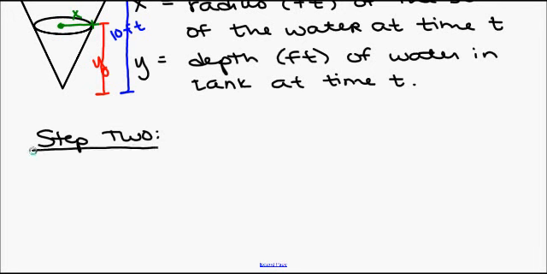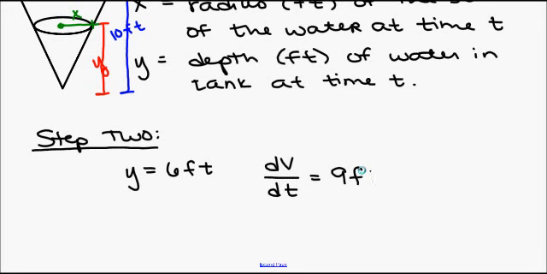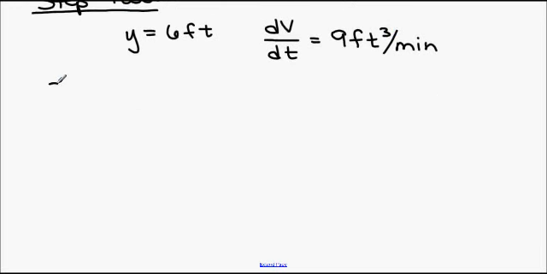So at the time that they're asking us about, it says how fast is the water level rising when the water is 6 feet, that means the water level y is 6 feet deep. And my rate of change for my volume is 9 feet cubed per minute. Which brings us to step 3.